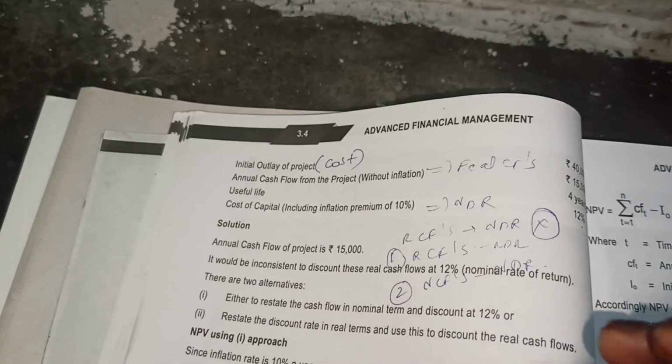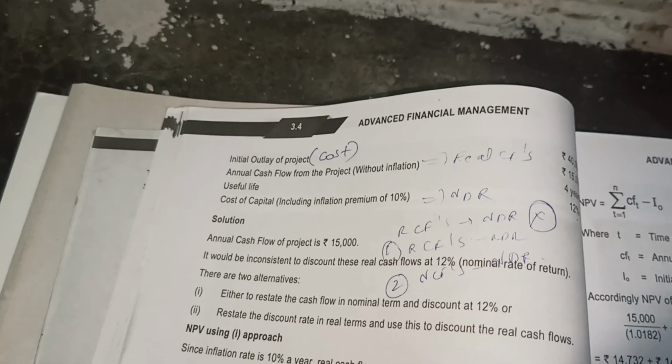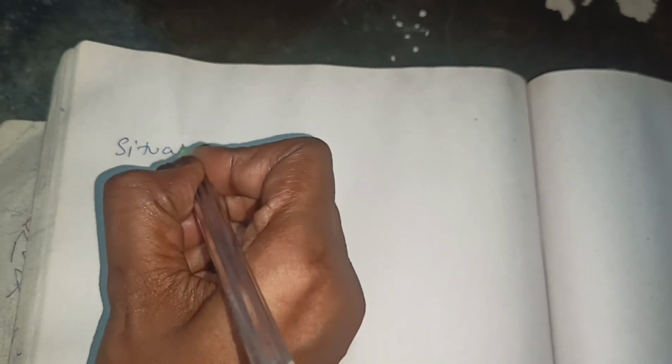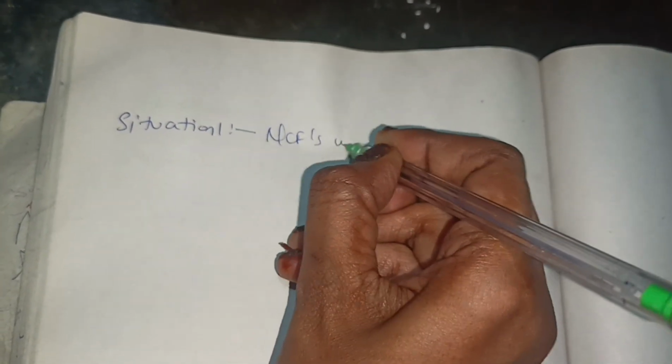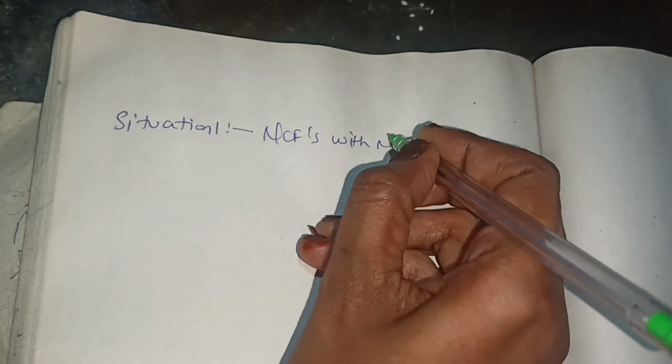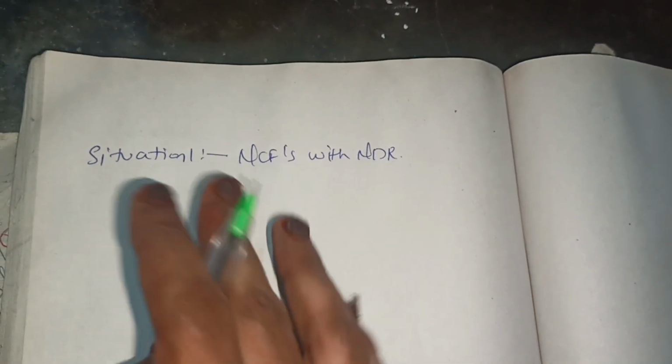So I'll be solving this problem. Please try to pay attention now. I hope that I'm very clear with the question. Situation 1. Nominal cash flows with nominal discounting rate. Why we are doing like this?